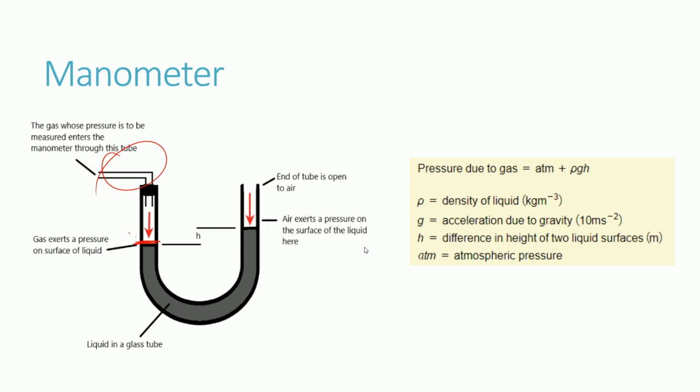And on the other end, in this U-shaped setup, you have just an open tube, which is exposed to the air. And the air will exert some sort of pressure on the liquid. And what we're trying to do is see what the difference is in height between left and right. Okay? So just have a little think about this.